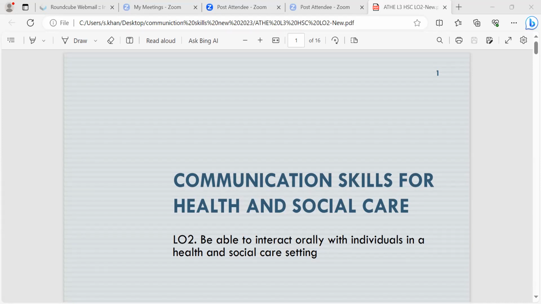So the unit was to look at principles of effective communication. We looked at the different forms of communication and why communication is so important within the health and social care sector. We also looked at the principles of effective communication and models of communication, and the importance of that.